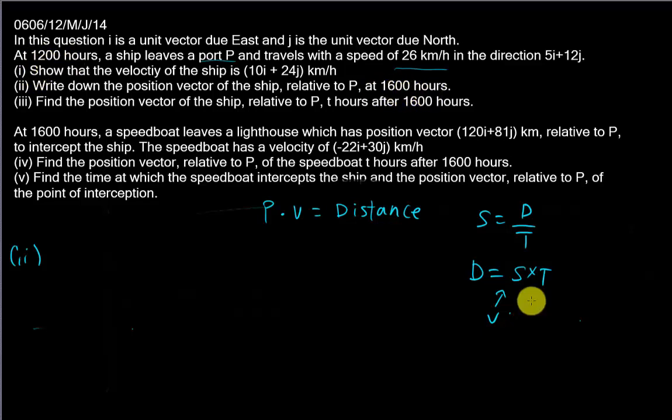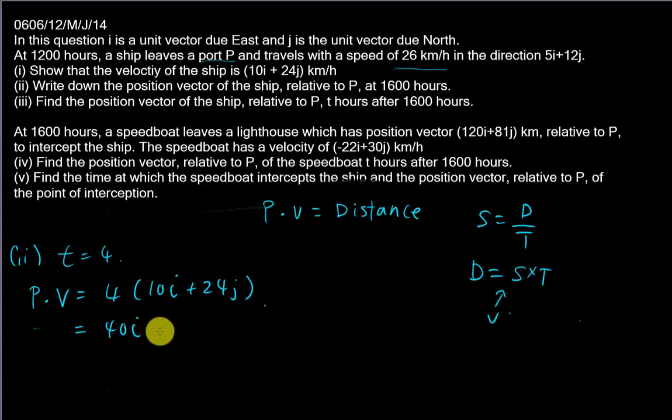So my t basically equals 4. To find my position vector, it's very easy. I just multiply the time 4 by my velocity, 10i plus 24j. So my position vector is 40i plus 96j.